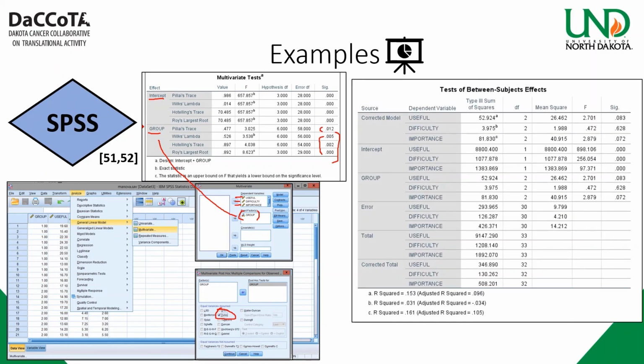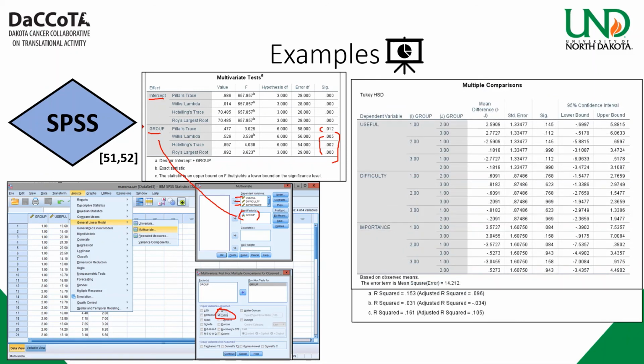And again, there's a lot going on here. We just want to look at group. Now we're separating out by the different y variables. So these are all the y variables: useful, difficult, importance. It turns out none of these are significant. So at this point, we will stop. But in case one of these was significant, I'm just going to show you how we go on. If we did really go on, we go here.